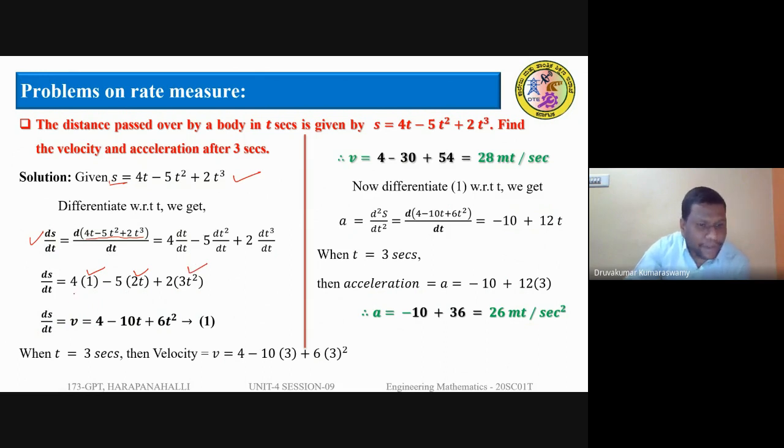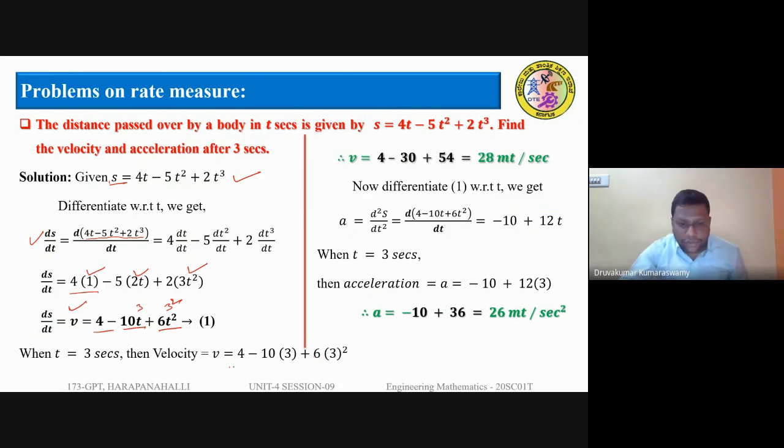If you simplify, 4 into 1 is 4, minus 5 into 2 is 10t, plus 2 into 3 is 6t square. So velocity is equal to 4 minus 10t plus 6t square. Then when t is equal to 3 seconds, wherever t is there, substitute 3. So v is equal to 4 minus 10 into 3 plus 6 into 3 square.